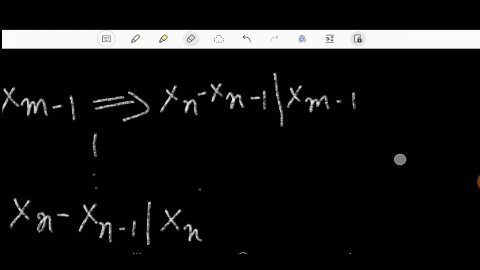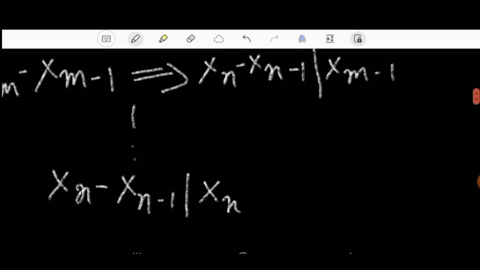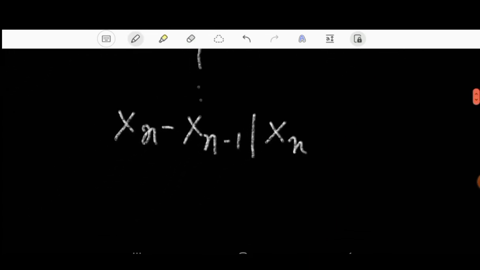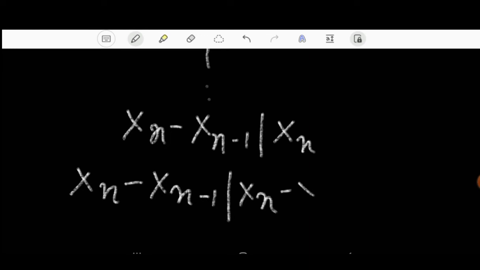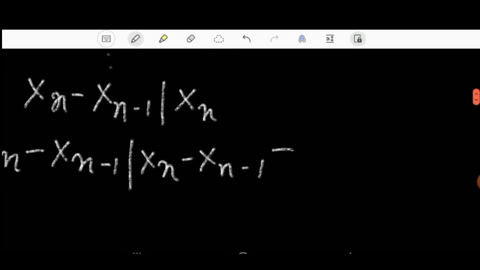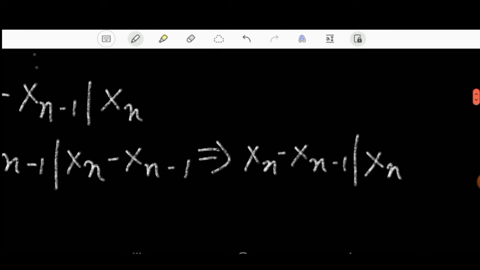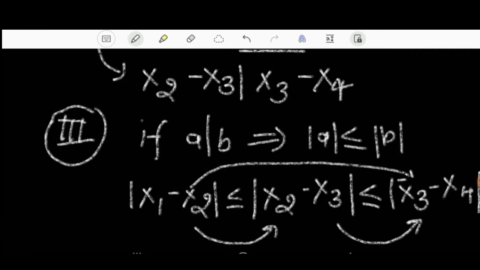So this is again a very obvious thing. And now we know that any number will definitely divide itself. So this implies again that xn minus x(n-1) divides xn minus x(n-1) separately.